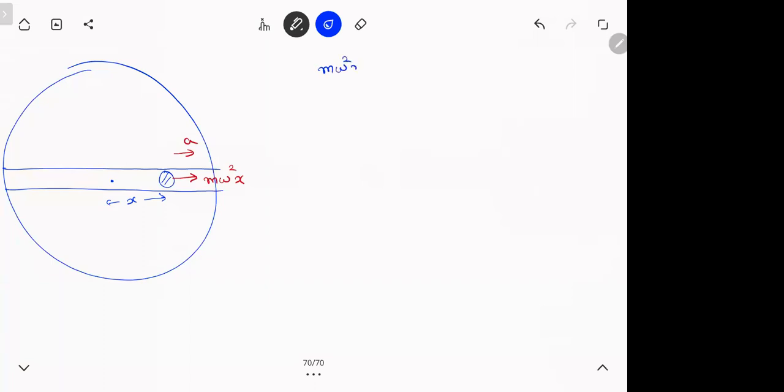So m omega square x is mass into acceleration. m gets cancelled, and you get acceleration is omega square x. This is a radial acceleration, meaning it's going away from the center, so basically it's an acceleration along the radius.